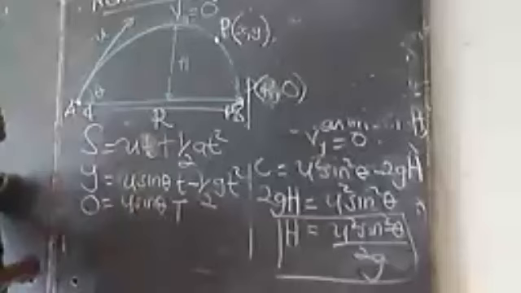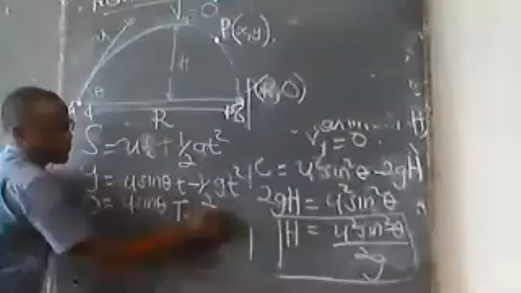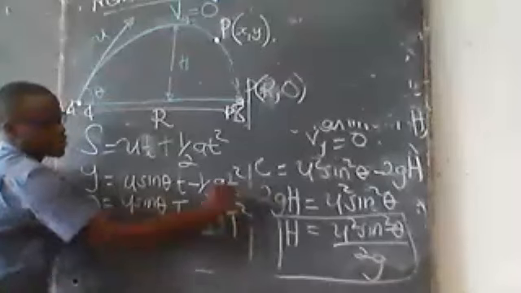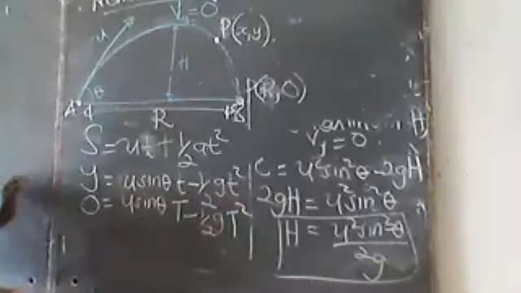Minus a half g t squared. For the horizontal range, I would use the horizontal component of that displacement. But no harm, I can also finish up this one.